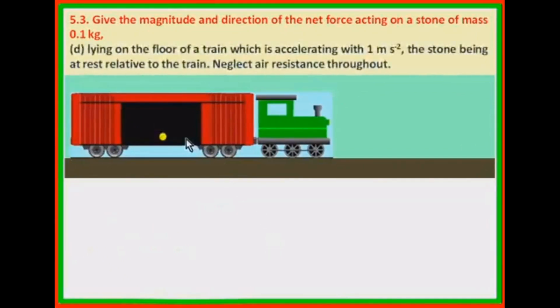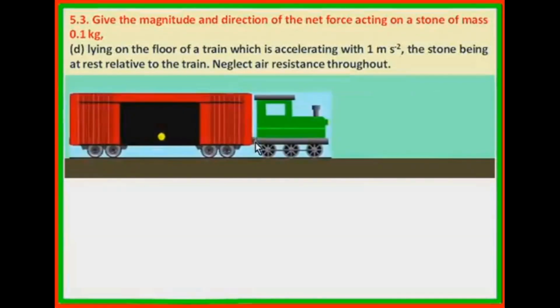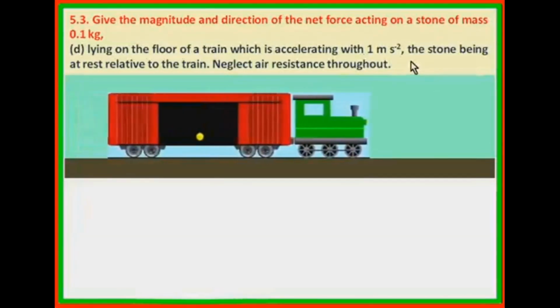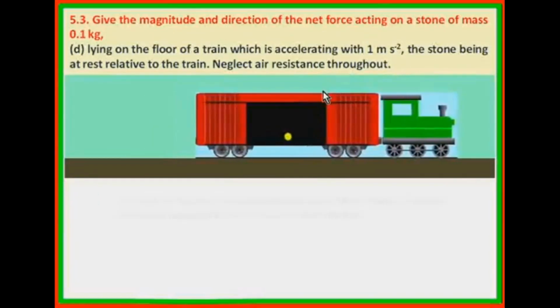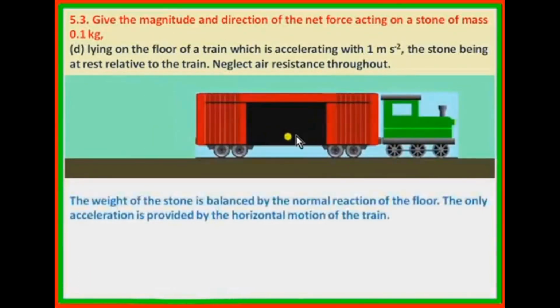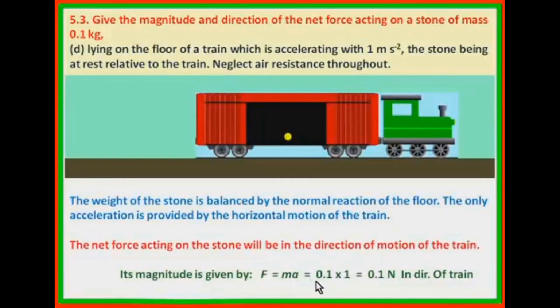When it comes to the fourth case, the person is lying on the floor of the train and the train is accelerating at 1 meter per second squared. Now we are going to consider the same ball, which is at rest. The ball has a weight and it is on the train which is moving.